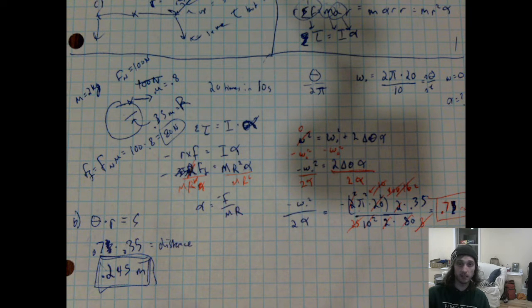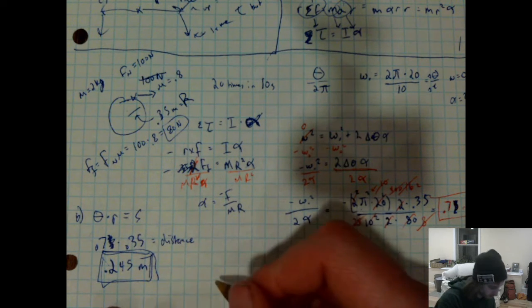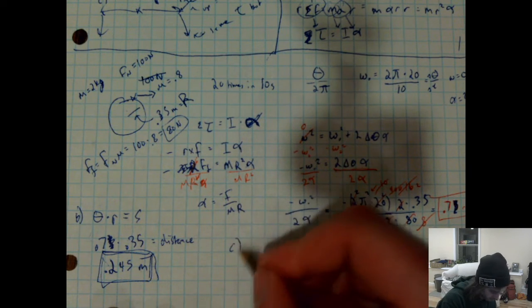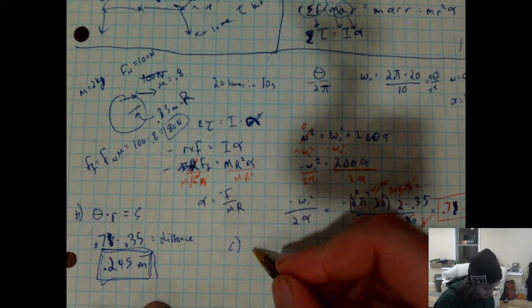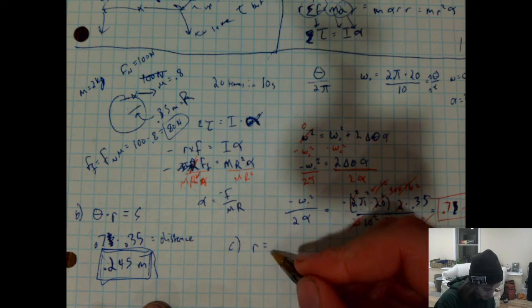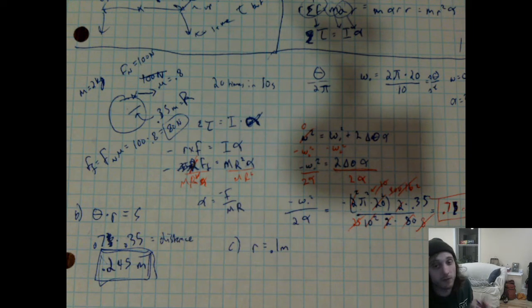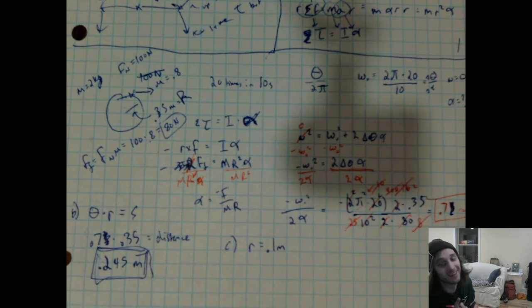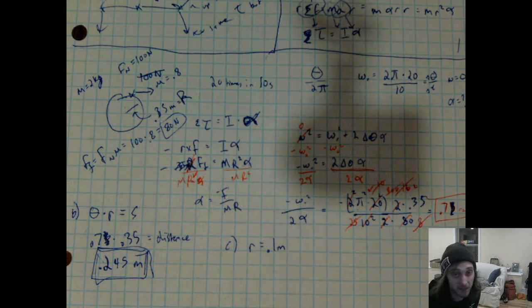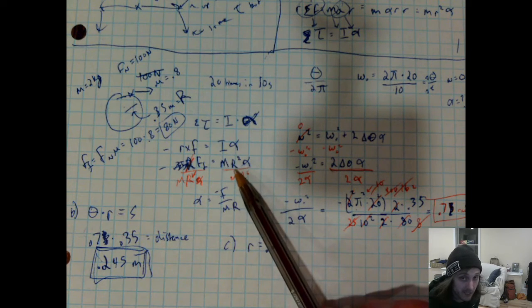For C, how would the answer change if the brake pads were located 0.1 meters away from the wheel? So this now, we have to basically go back and reevaluate a bunch of our math. Our wheel wouldn't have changed. So our moment of inertia, our capital R, would be the same.